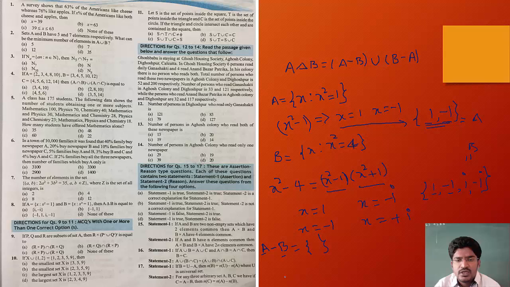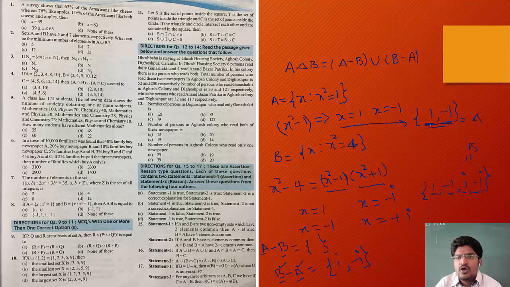empty set. If you calculate B minus A, see, you are going to remain with i comma minus i, because the element should be in B but not in A. See, elements which are in B: 1, minus 1, i, minus i. The elements which are common, in A you are having 1 and minus 1.